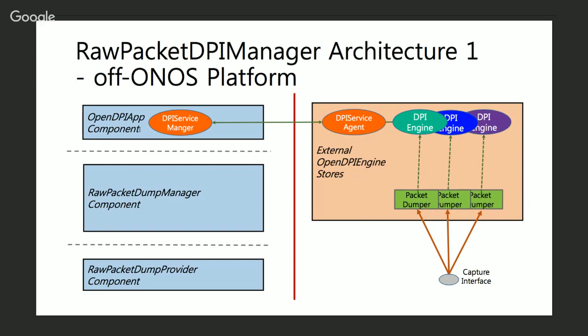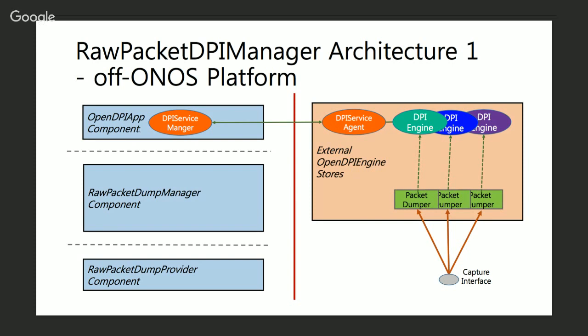Sorry, I kind of lost that. Okay, so you're saying, why take the DPI service manager and move it over to the right? Why did you keep the DPI service manager on the platform? If we move the DPI service manager completely to the external processes, the binding between ONOS and DPI capabilities is completely separated.